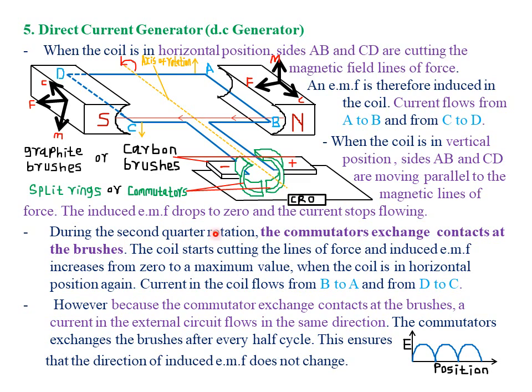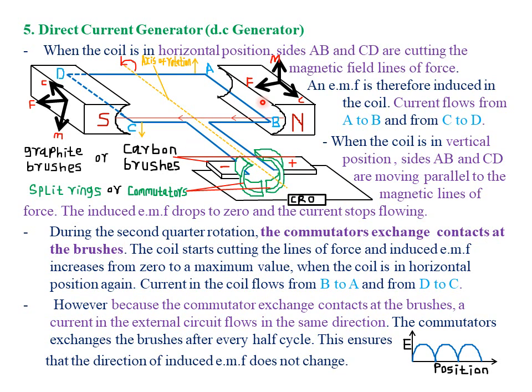Now, during the second quarter rotation, side A will replace D, then B will replace C, then of course D will replace A, then C will replace B. So during the second quarter rotation, the commutators exchange contacts at the brushes.